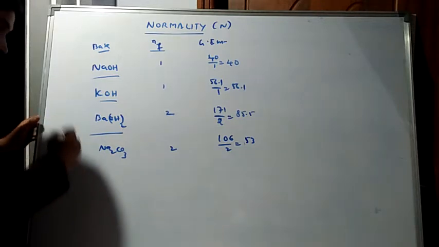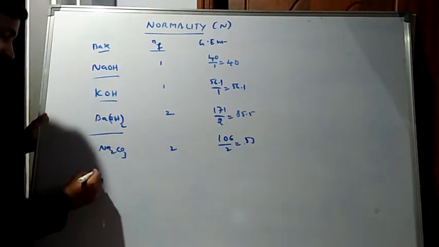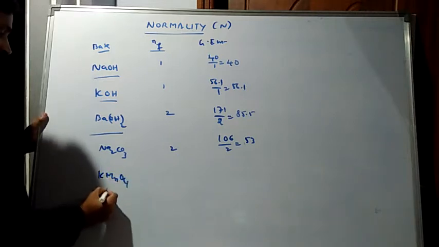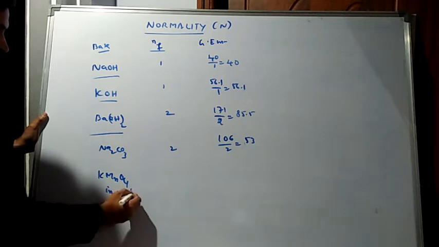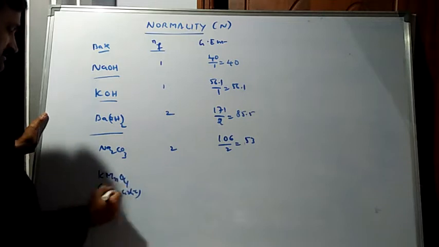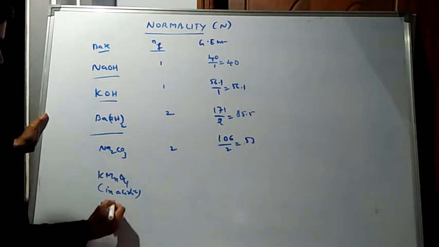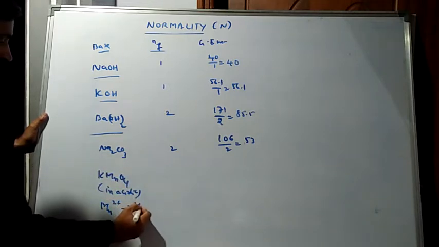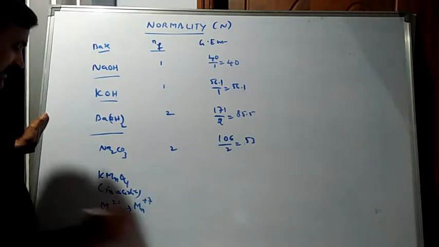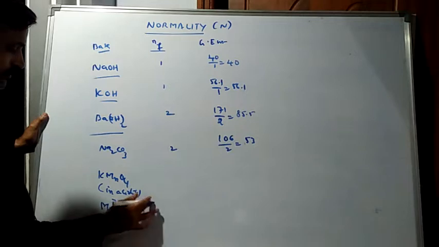If we have something else, like potassium permanganate, KMnO4, given in an acidic medium. Here, in acidic medium, this permanganate, Mn plus 7, is converted into Mn2 plus.